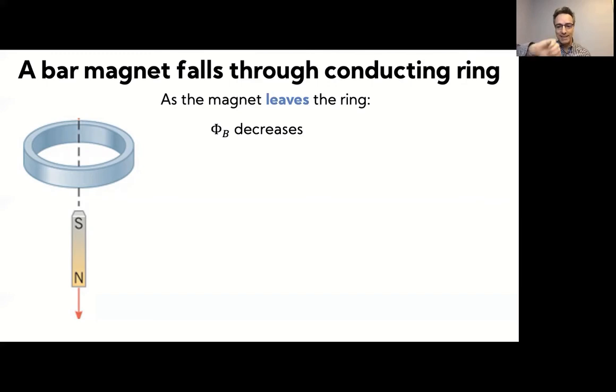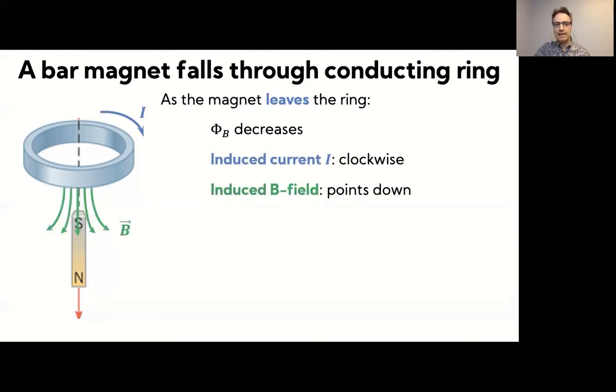We want to have a nice strong field. So the induced field will actually try to strengthen in the same direction because we're losing magnetic flux. And so now we have an induced current which is clockwise. That will generate an induced field that's actually pointing down, right?